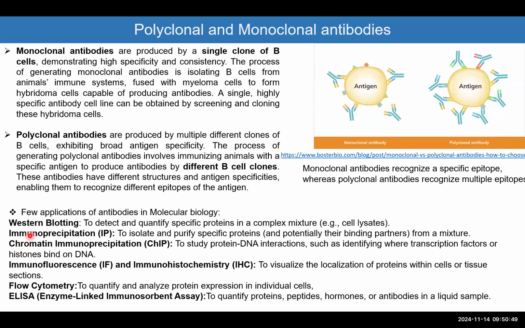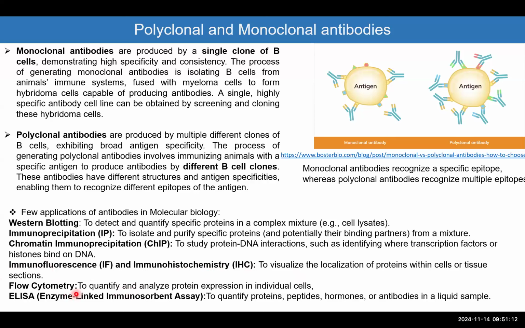If I want to see which DNA this protein binds, this is chromatin immunoprecipitation, where we see DNA and protein interactions. If you want to visualize this protein in the cell, not in lysates of the cell, but directly in the cell or a tissue, this will be immunofluorescence and immunocytochemistry.